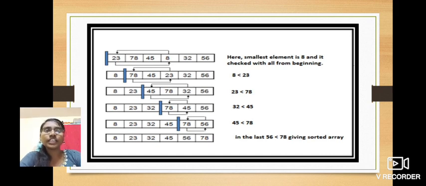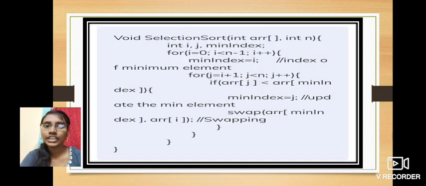Now the sorted array is 8 23 32 45 56 78.